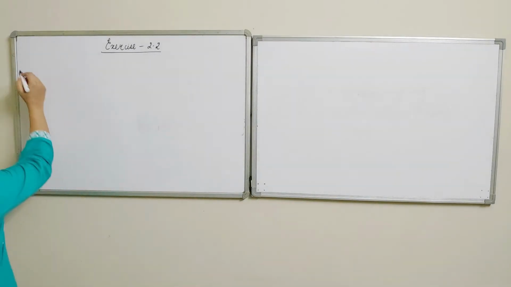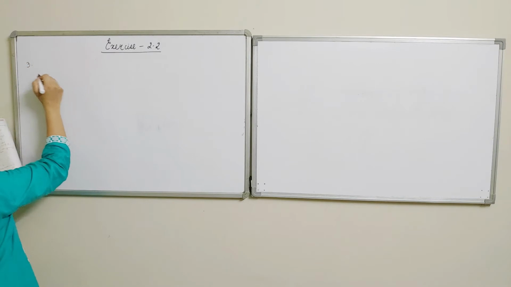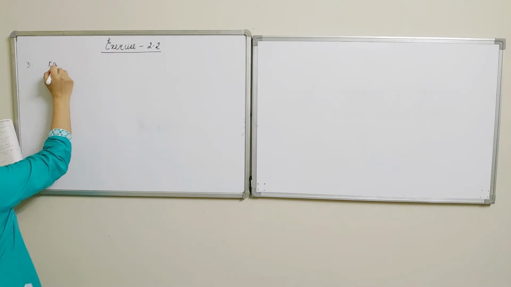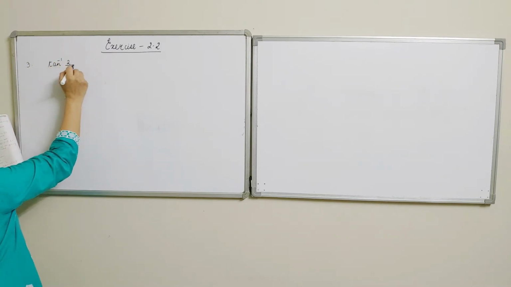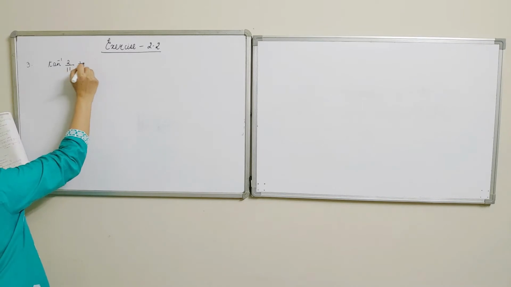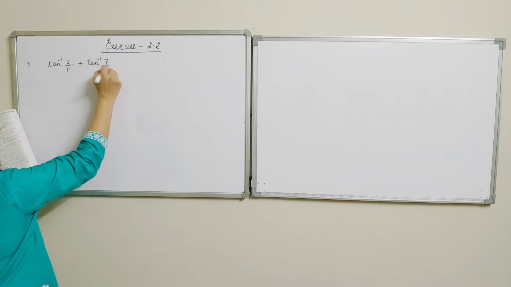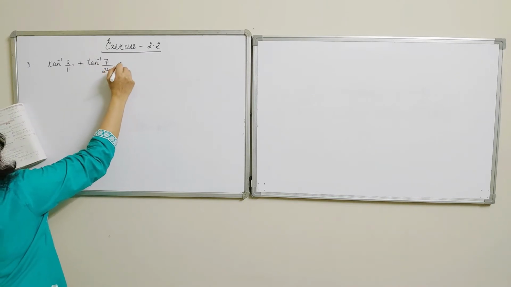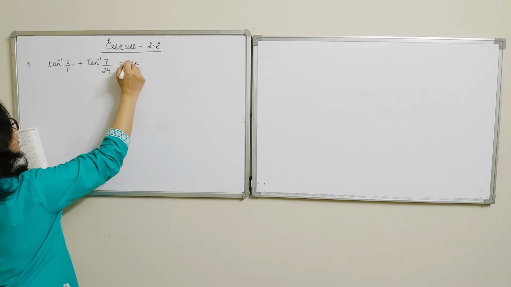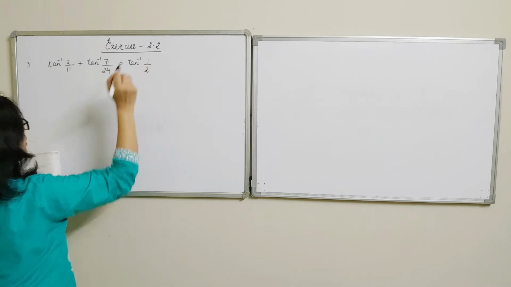So next is question number 3. Prove that tan inverse 2 by 11 plus tan inverse 7 by 24 is equal to tan inverse half.